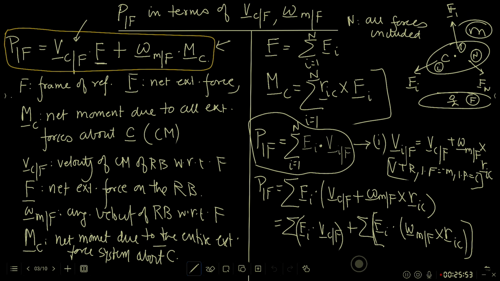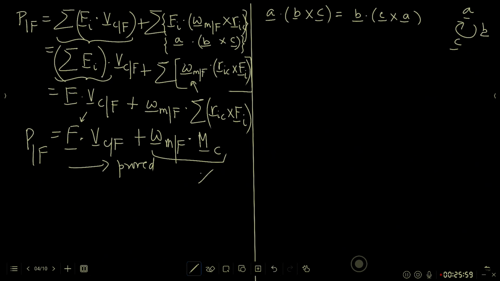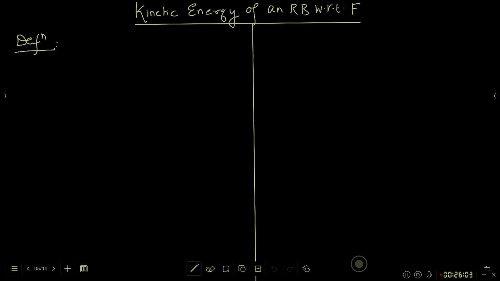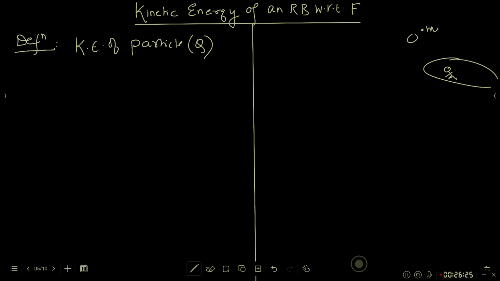Now I am defining a new quantity, the kinetic energy of an RB with respect to F. If you have an isolated particle Q of mass m_Q, we are aware of its kinetic energy with respect to F.